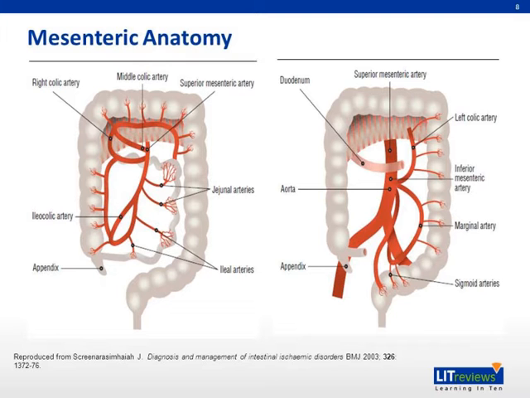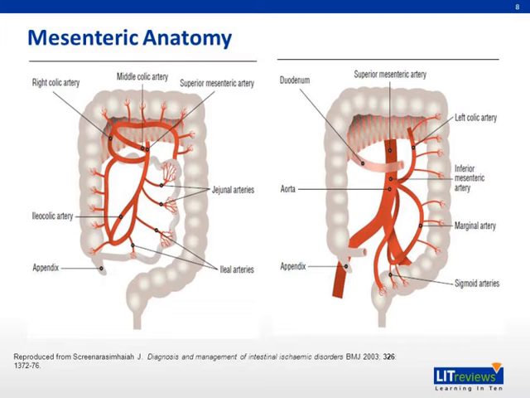The celiac axis. The celiac artery arises from the anterior aspect of the abdominal aorta and typically branches into the common hepatic, splenic, and left gastric arteries. The common hepatic artery usually gives rise to the gastroduodenal artery, which in turn branches into the right gastroepiploic artery and the anterior and posterior superior pancreaticoduodenal arteries.